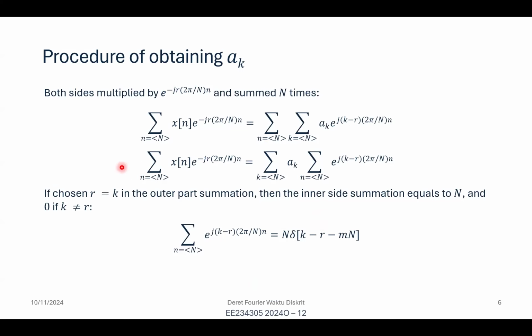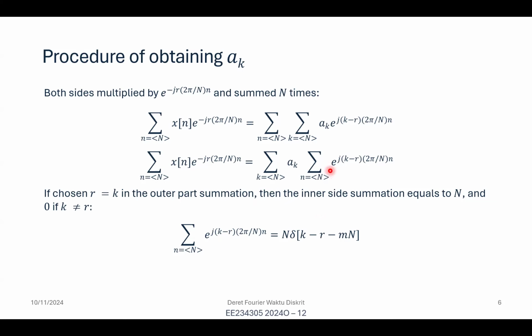So this is multiplied by this, and now we have the separation between the summation of the a_k, which becomes the outer summation, and this becomes the inner summation. And if we have r equals k in the outer summation, then the inner summation becomes N, and 0 otherwise.